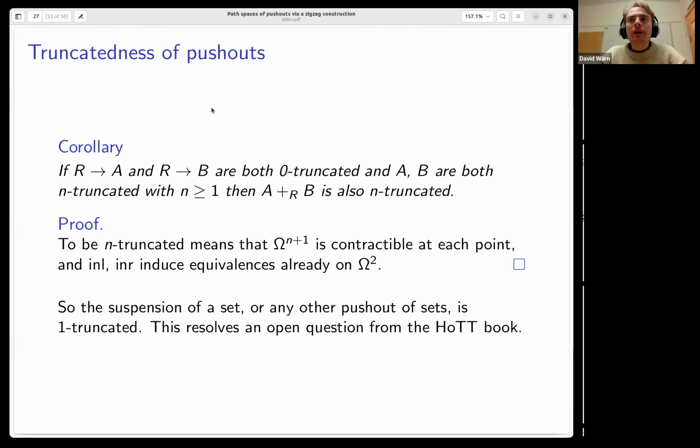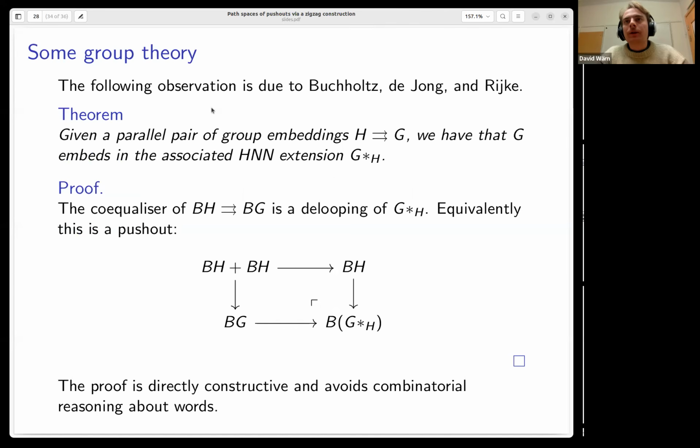Okay, so I just want to give a sketch of what this has to do with group theory. This is an observation due to Buchholz, de Jong, and Rijke. There's this result in combinatorial group theory about what are called HNN extensions, where you have a parallel pair of group embeddings. So you have two groups H and G, and you map H to G as a subgroup in two different ways.